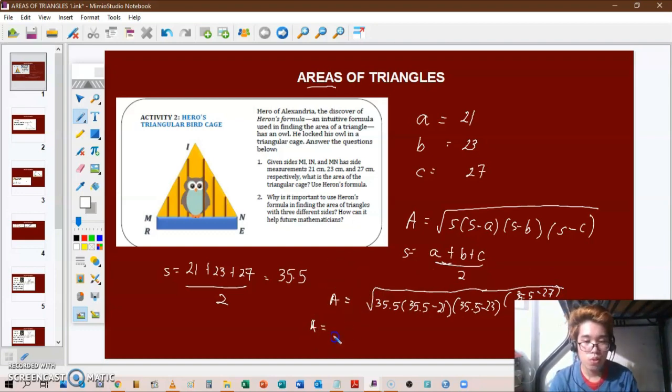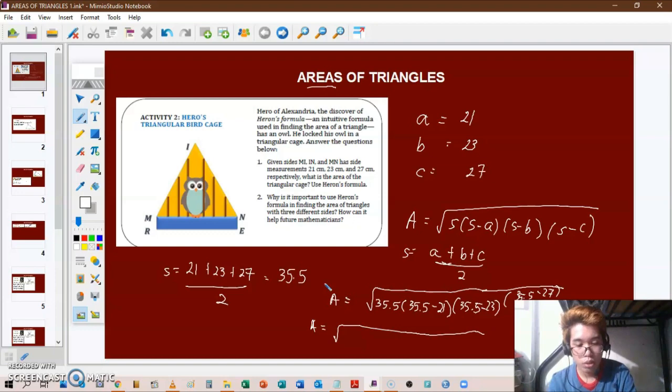Solving for the area of the triangle, we can just write it on the calculator: 35.5 times 35.5 minus 21. We're doing it all neatly here in the calculator, straight to the point.